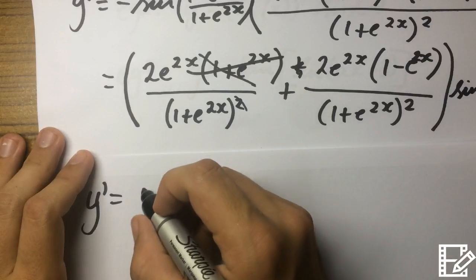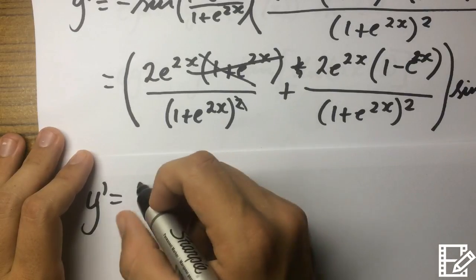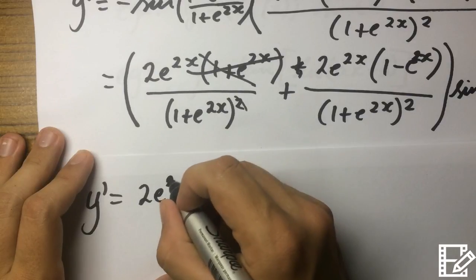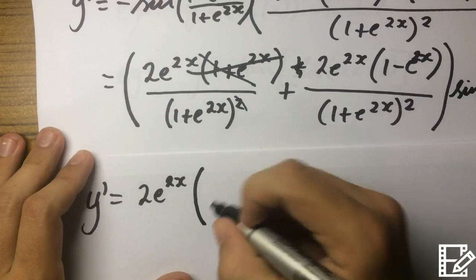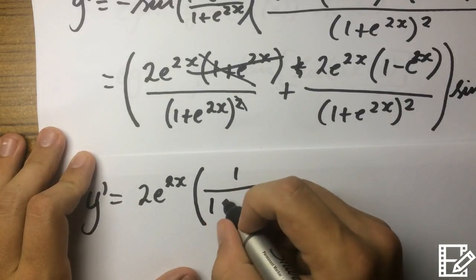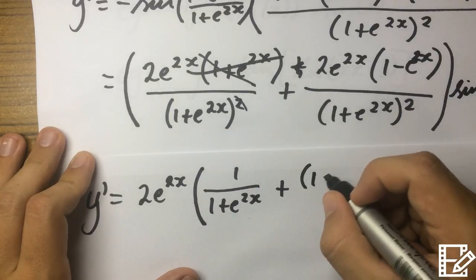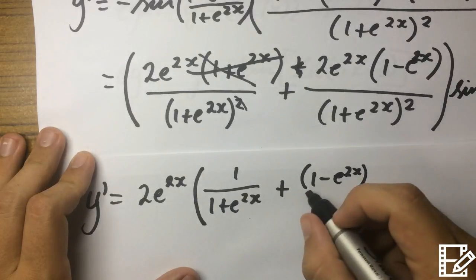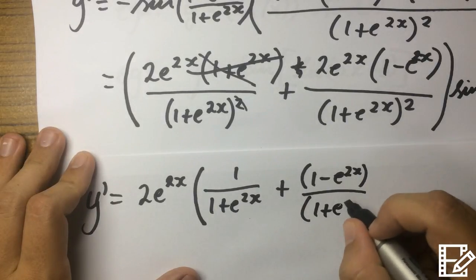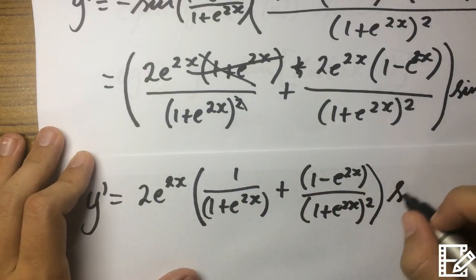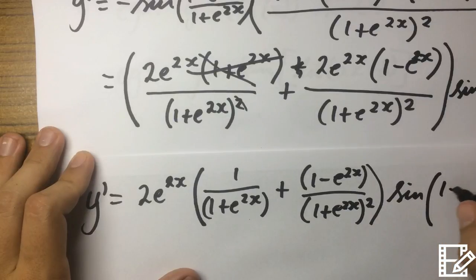Therefore, what we're left with is 2e^2x times the bracket of 1 over (1 plus e to the power of 2x) plus (1 minus e to the power of 2x) over (1 plus e to the power of 2x) squared, times sine of (1 minus e to the power of 2x) over (1 plus e to the power of 2x).